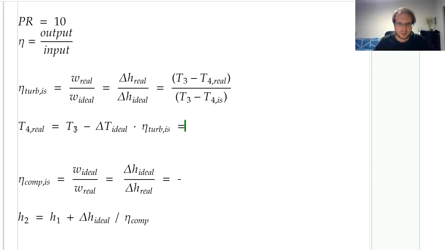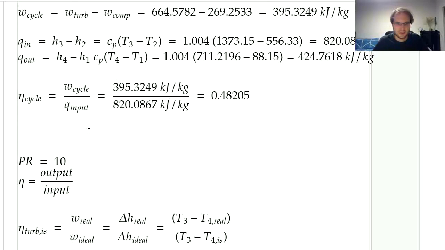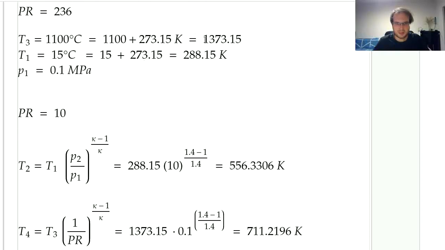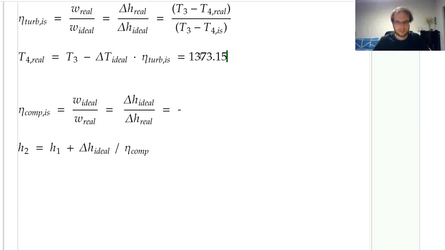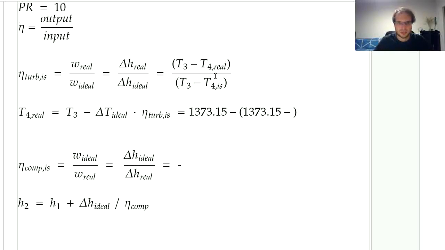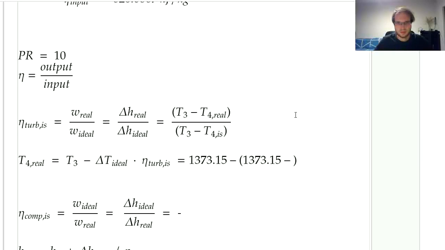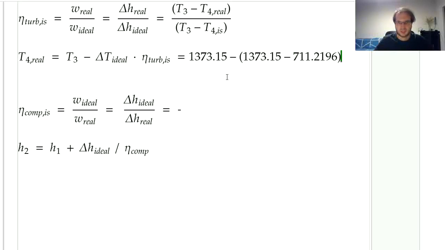The temperature at point 3 was the firing temperature, 1373, minus the temperature difference, temperature at point 3 minus temperature at point 4 with the ideal expansion, and this is multiplied by the isentropic efficiency of the turbine, which was 90%.